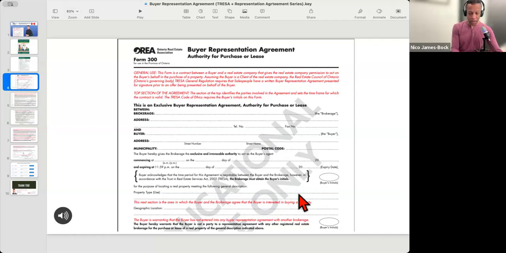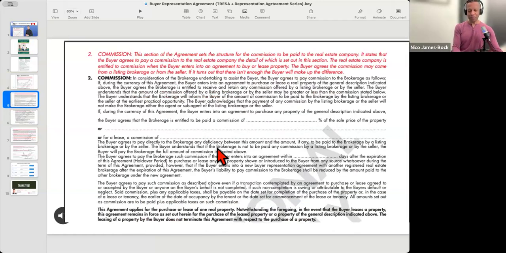There's also a provision that indicates that the buyer acknowledges that the representation agreement can be for a period of 6 months or longer, but they have to provide their initials acknowledging that fact, as well as the commission.